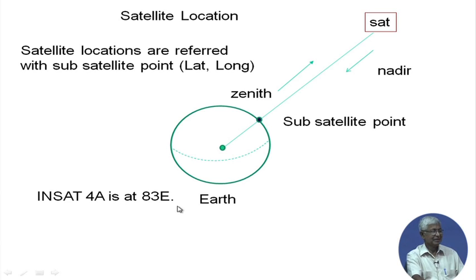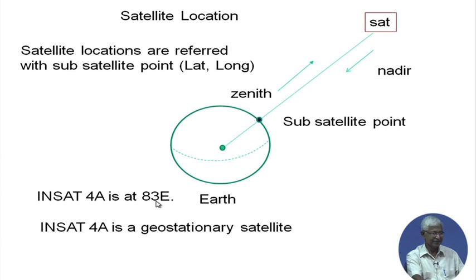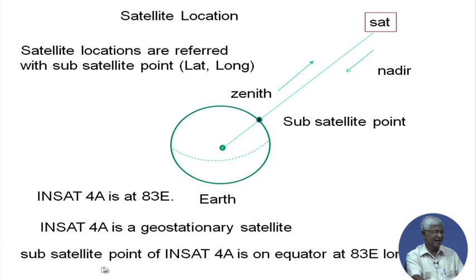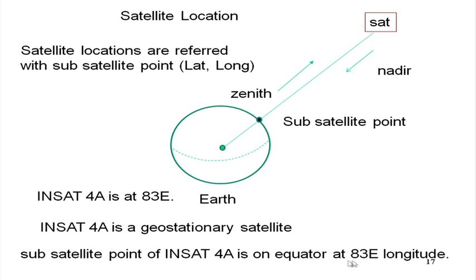It talks about the longitude and does not mention a latitude, which means it is a geostationary orbit satellite where latitude is 0. So INSAT 4A is a geostationary satellite, and its sub-satellite point is on the equator at 83° east longitude.